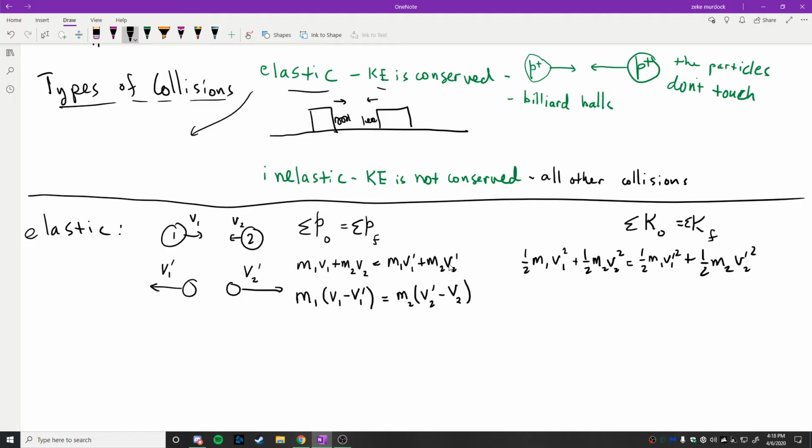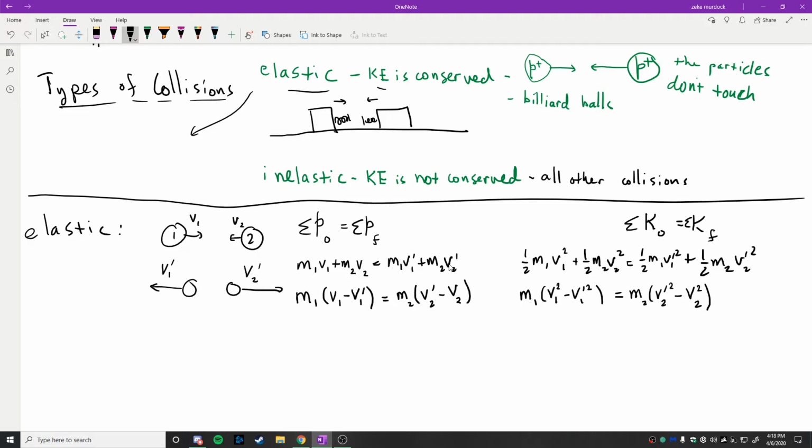All right. We're going to do the exact same thing over here, except the things are squared and the 1/2s are all going to cancel out. So we're going to get m1 times v1 squared minus v1 prime squared is equal to m2 times v2 prime squared minus v2 squared. Can you guys all see what I've done there?